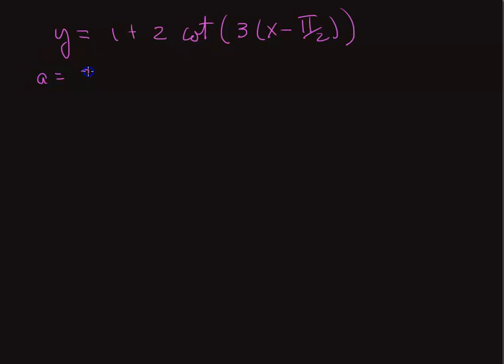What is a? That's 2. That's a vertical stretch. But for a cotangent, you don't need to worry about it too much because it goes to infinity anyway. C is equal to 1, so now it's moved up 1, and that will be shown with that center moving up. The function is the cotangent.